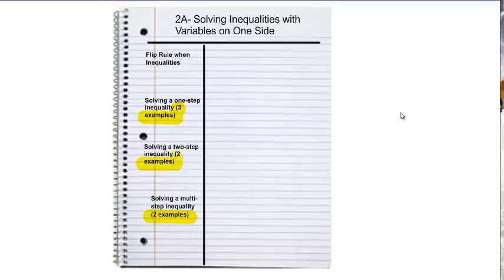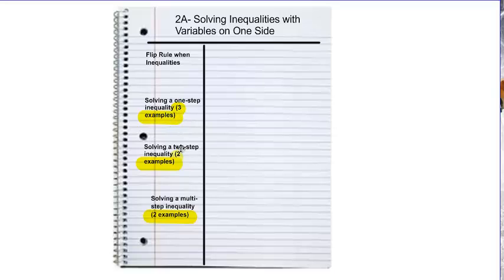A quick review so you know how to set up your notebook. Remember, you want to title it 2A, Solving Inequalities with Variables on one side. And then you need each of the following things in your notes. The first thing you need is the flip rule when working with inequalities. The second thing you need is solving a one-step inequality, and there are 3 examples you should have from here.